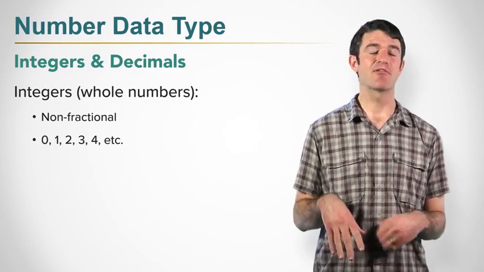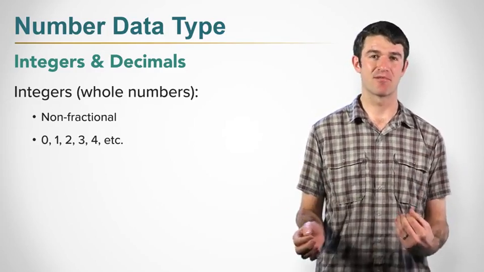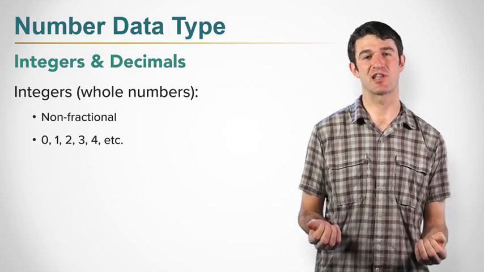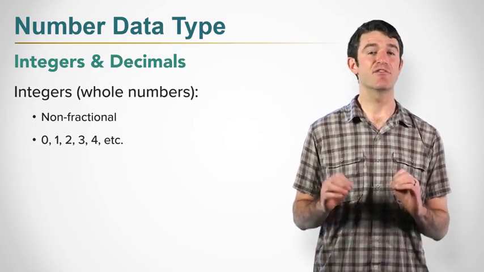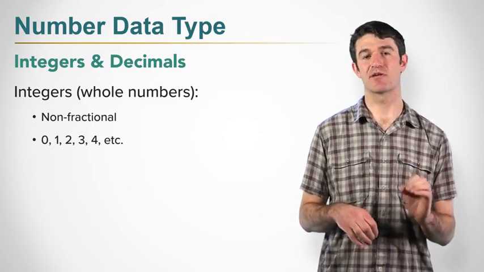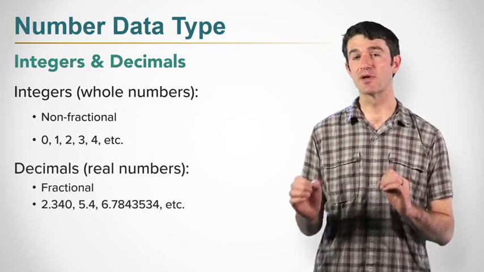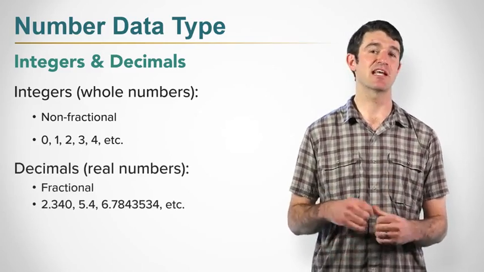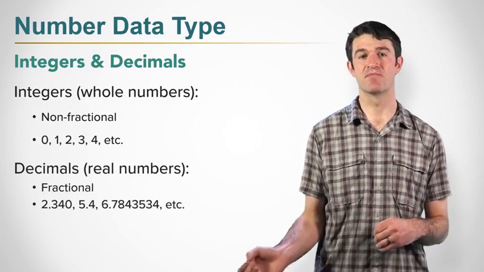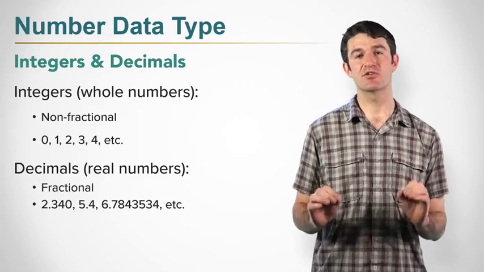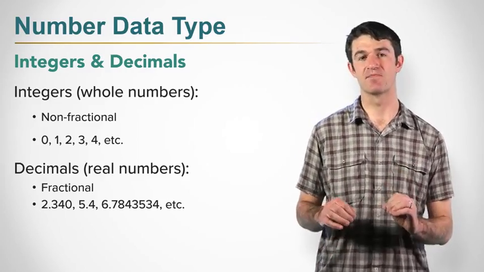As a whole number, we cannot represent 2.340. Computers don't track the number precision that way and can't represent values between whole numbers as integers. If you did want to represent the value 2.340, you can instead use a real or decimal number, which has a decimal place in it, so that we can represent fractions or non-whole values. Real numbers have the precision required to track these partial values.